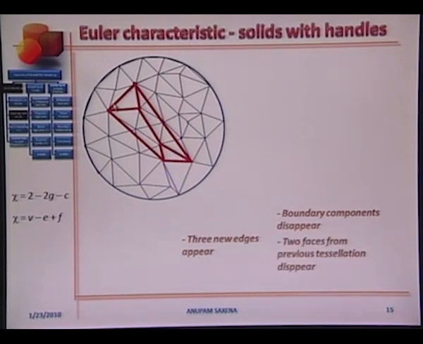Two faces from the previous tessellation, they disappear. And 3 new faces appear. So this is the first face. The rear side is the second face. And the right hand side face is the third one.